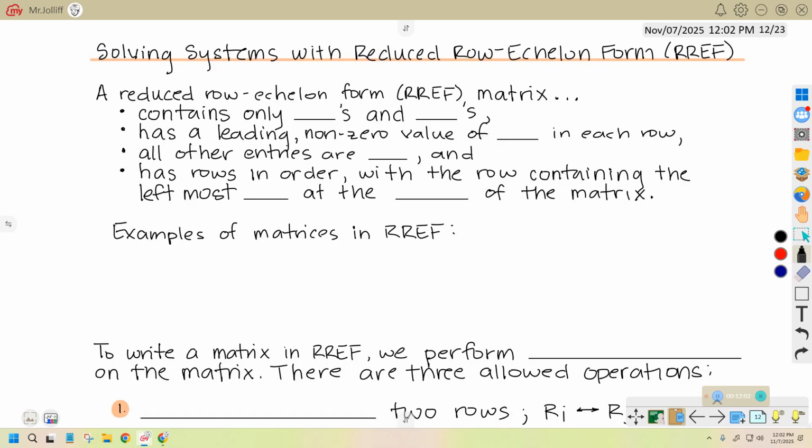So, the goal to solving an equation is to rewrite our augmented matrix in something called reduced row echelon form. RREF. That's how you're going to see it on your calculator. Reduced row echelon form generally contains only 1s and 0s.